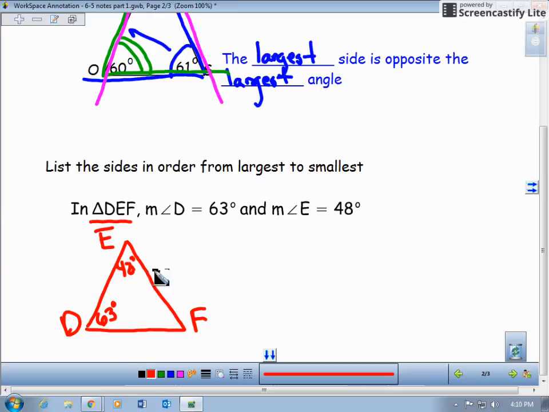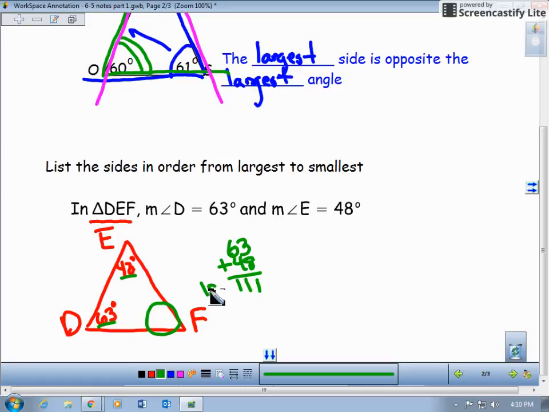So the question is, which is the largest angle? Is 63 the largest angle? Well, I might look at this and say I'm not really sure, because I don't know what angle F is. But I think we can find angle F really quickly, because we know that the angles of a triangle all have to equal 180. So 63 plus 48 is 111.